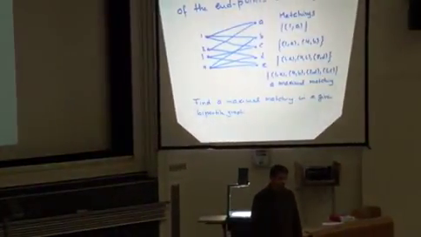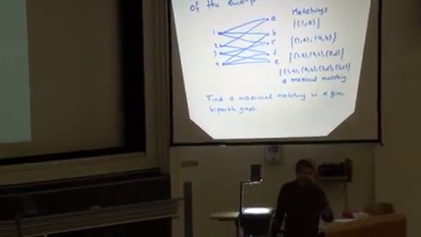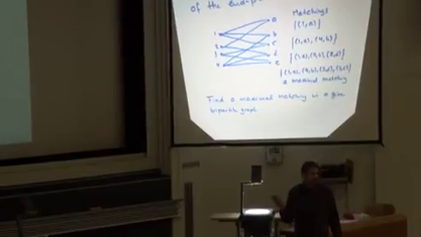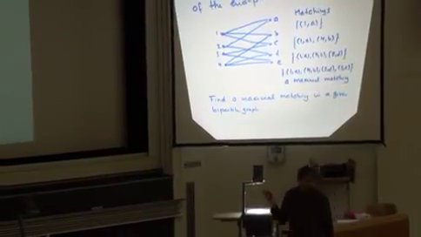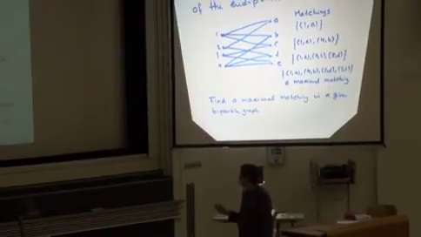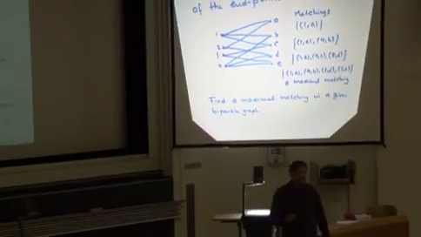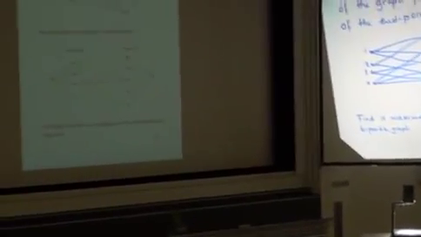Yes? Is it possible to modify this algorithm to put preferences, for example? Okay. So the question that is being asked is, if we had weights on the edges? Priorities. So the question is, if this was not 1, but you would have put weights on the edges.